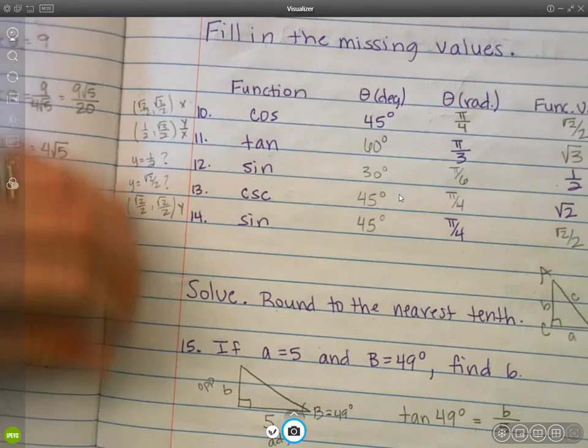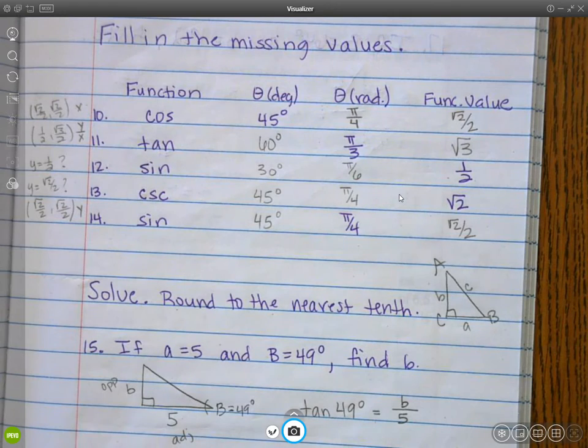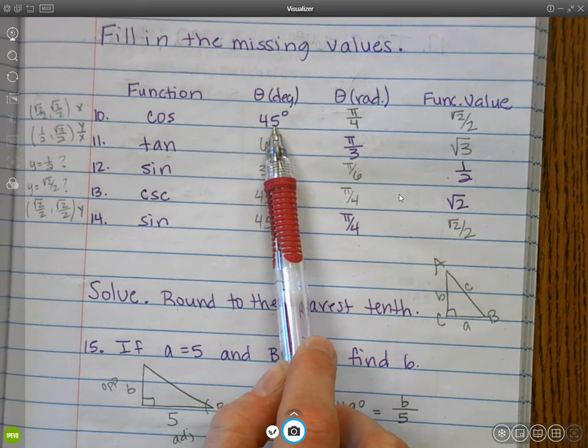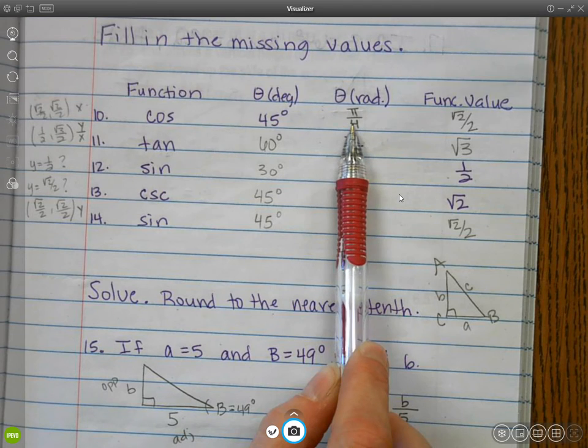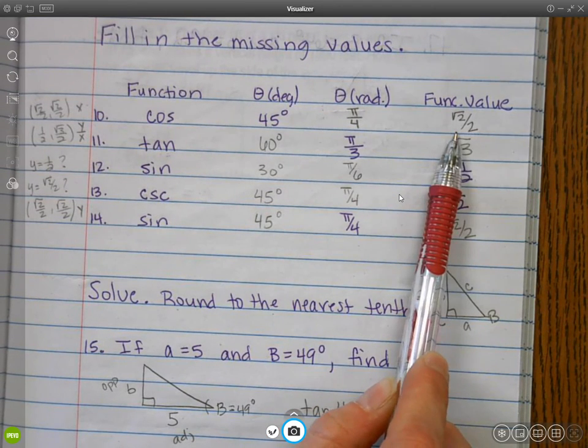Alright, next we have, can we fill in the missing values from this little table? So it's really just, I'm telling you cosine of 45 degrees. So 45 degrees is the same thing as pi over 4. And the value is root 2 over 2, because the x coordinate at 45 degrees is root 2 over 2.